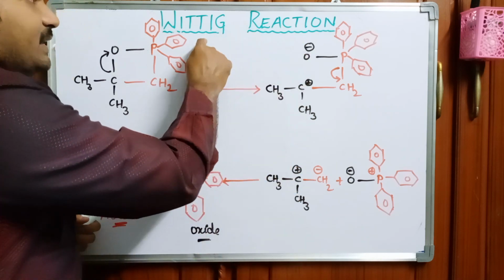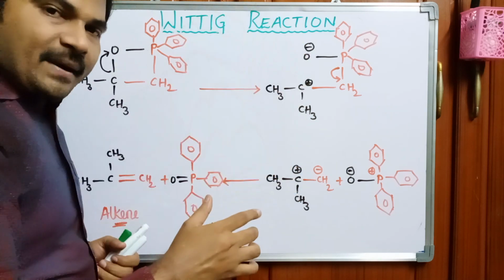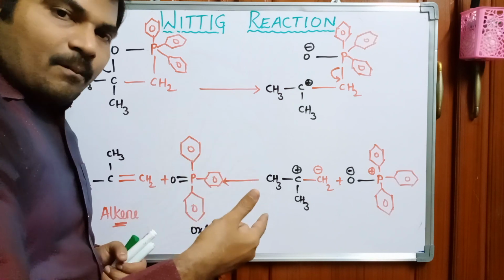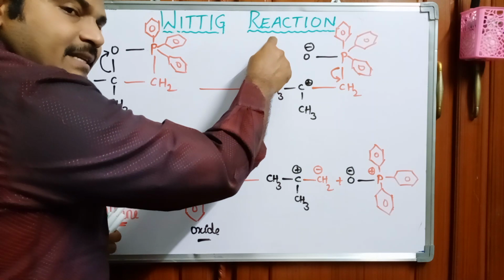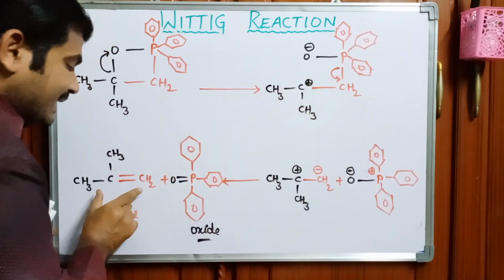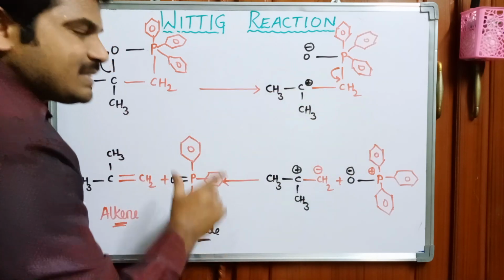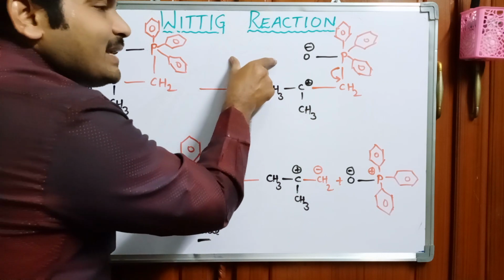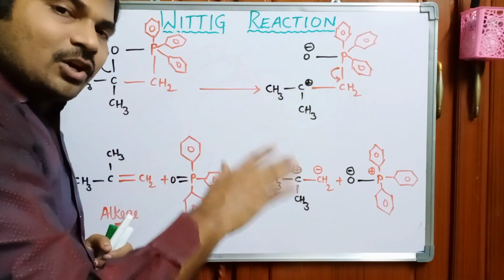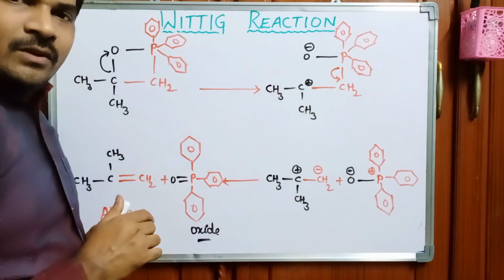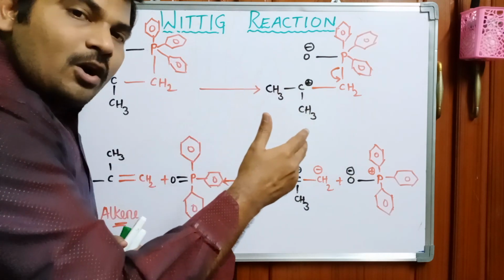In this particular Wittig reaction, what is happening? When carbonyl compounds are treated with Wittig reagent, they yield alkenes and oxides. What is a Wittig reagent? Triphenylphosphonium ylide is called Wittig reagent. How does it form?